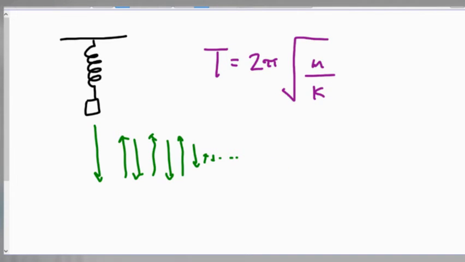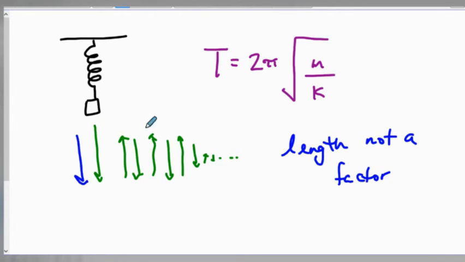So once again, the length is not a factor. It doesn't matter how far you pull it down, that does not influence the time it takes to repeat. Okay? The only influence is how heavy is the weight and what is the spring constant.